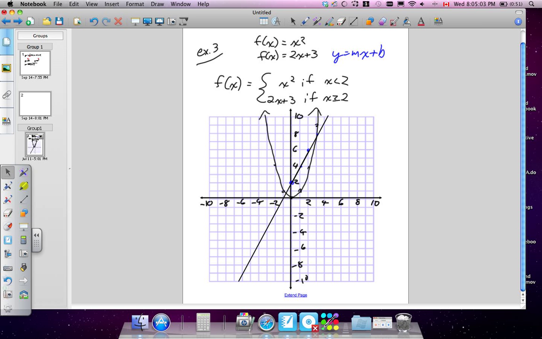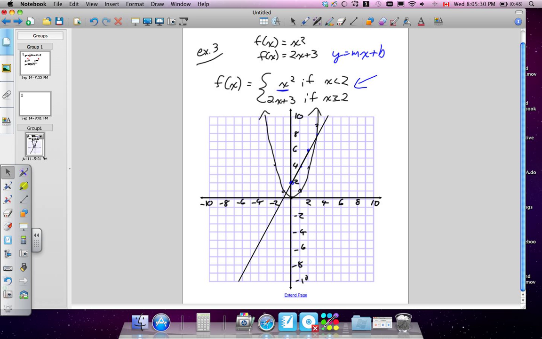But what this is telling us is this is going to be one function. We're not going to have two graphical representations, because this can't be a function. If you look at our vertical line test, we're not passing right now. It's not making any sense. So what they've done is they've given us a cutoff point. The cutoff point is precisely 2. Before 2, it's saying that it's this function.